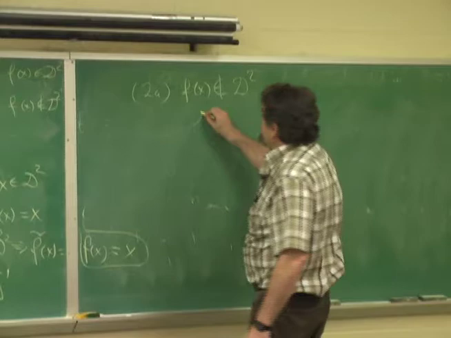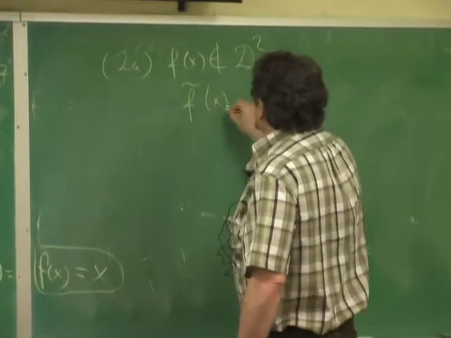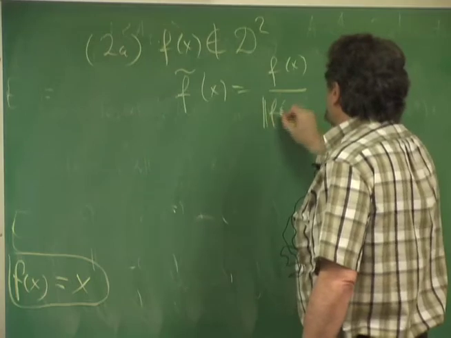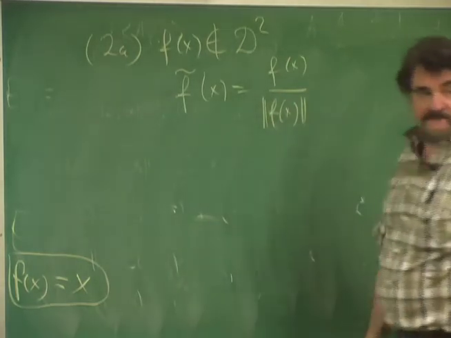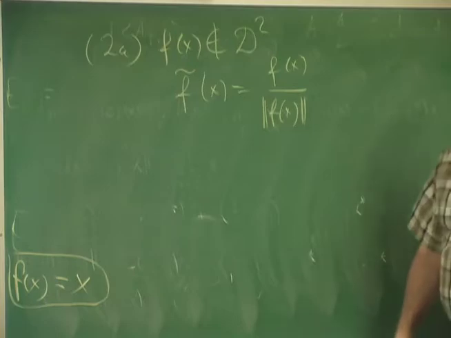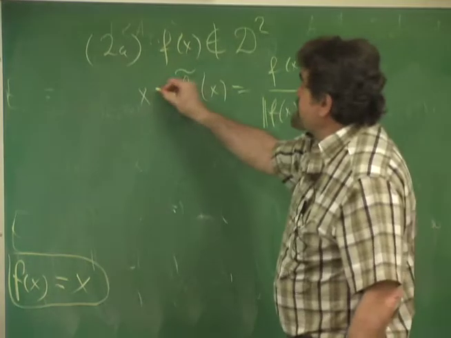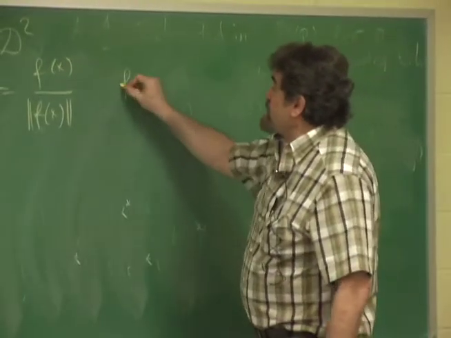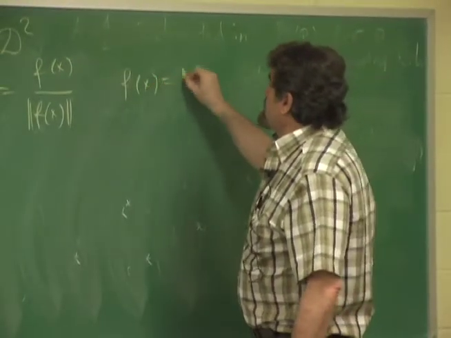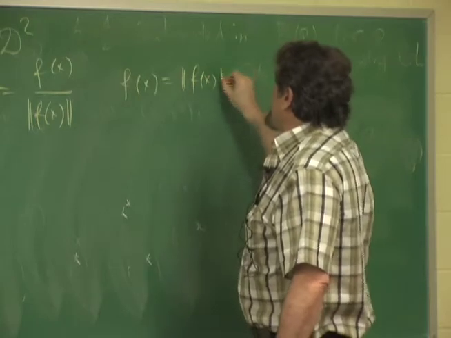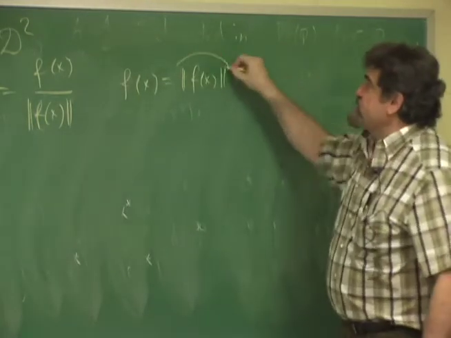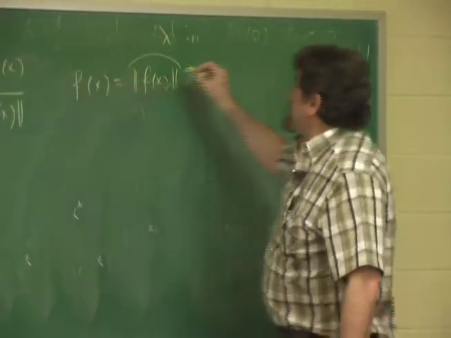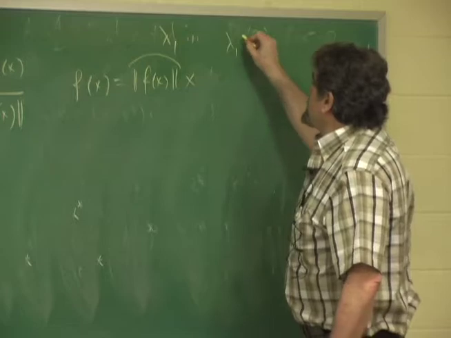But then f tilde of x is f of x over norm of f of x, correct? And it is x. So I will get f of x is lambda x, and since it is not in D2, lambda 1 greater than 1.